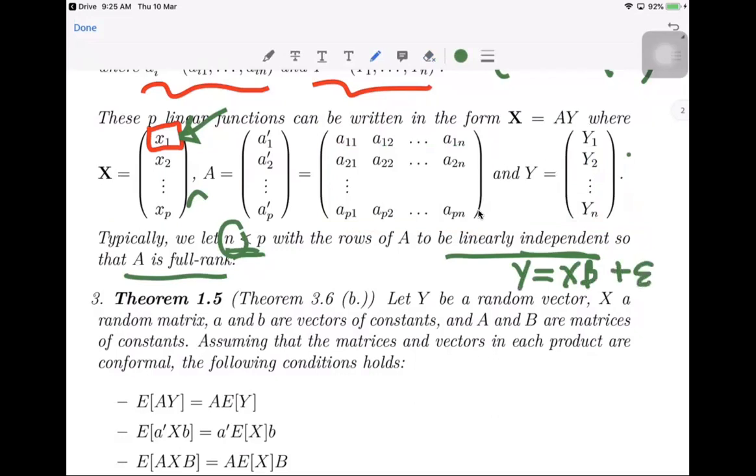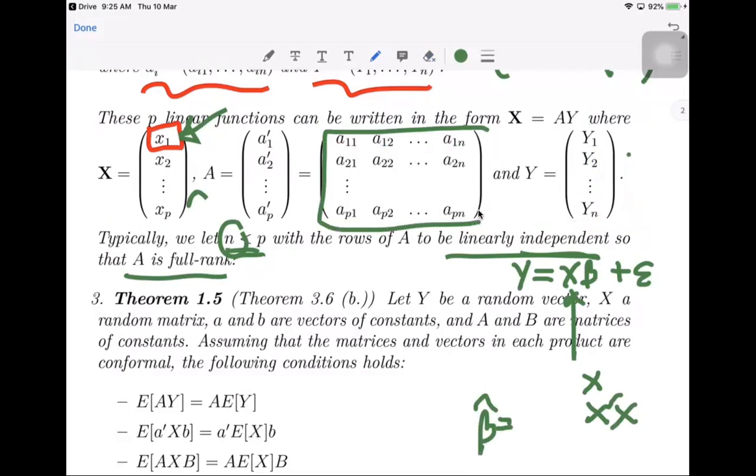We want this x to be full rank so that x prime x will be invertible, because you will see later that to compute your beta hat in terms of this design matrix, this A, this is the x in your estimator beta hat.